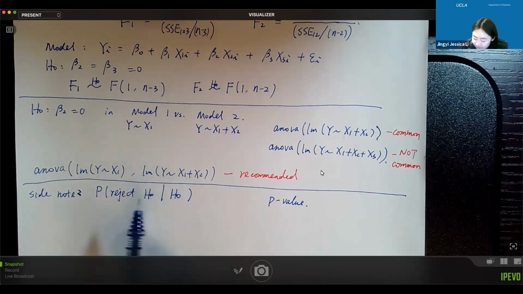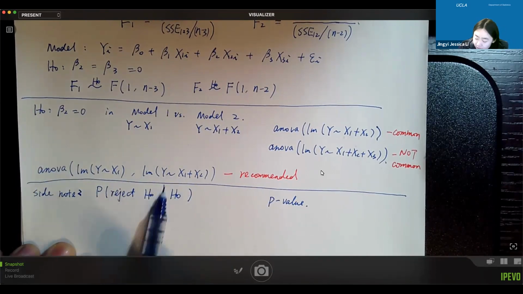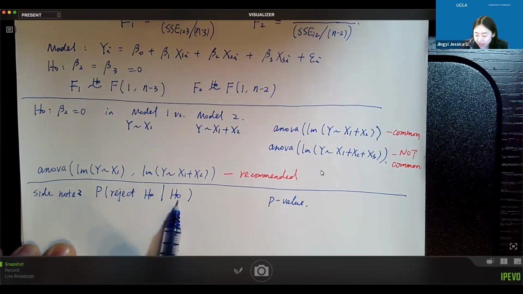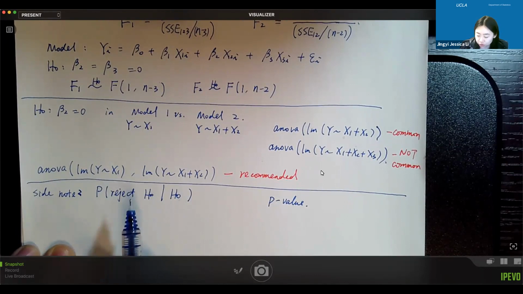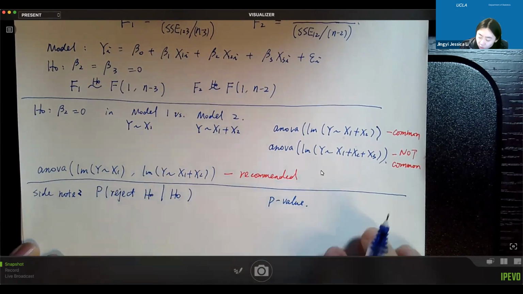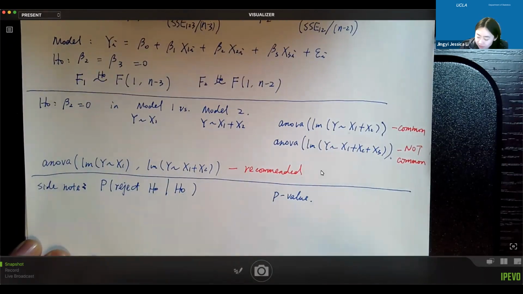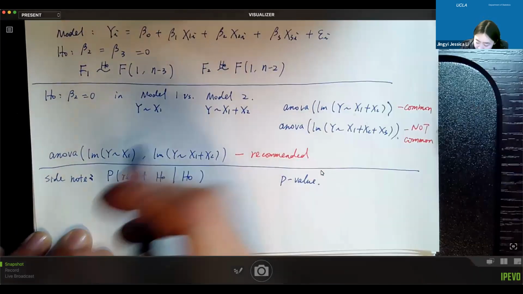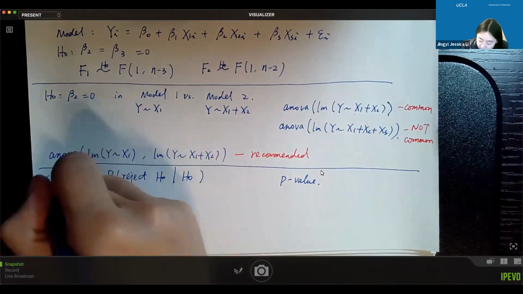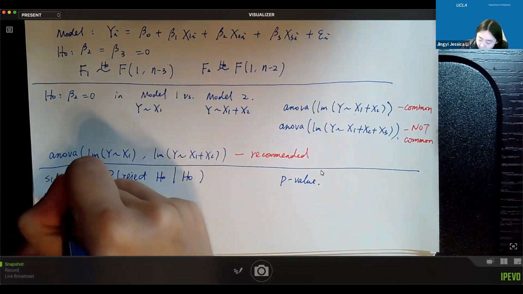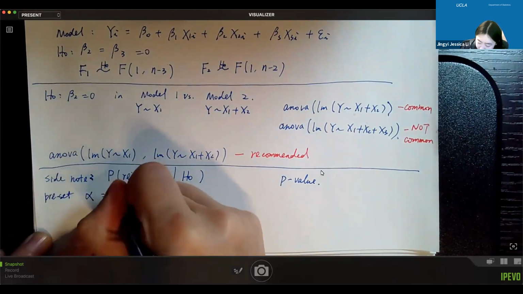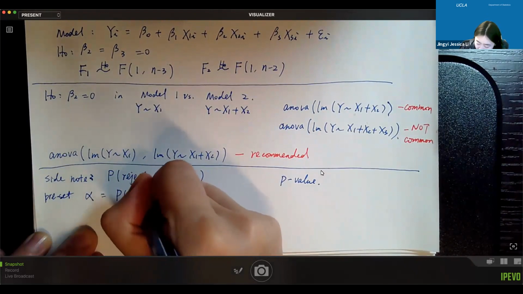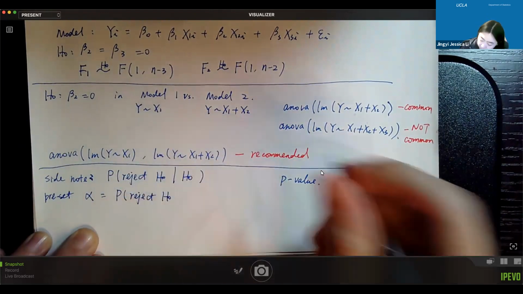So here the thing is that we need to evaluate a probability, and it's a probability conditional on the null being true. And it's about an event. That event is rejection. So here it depends on how we make the rejection. What we mean by significance level is that the significance level alpha is preset. And we want to set alpha to the probability that we reject H0.